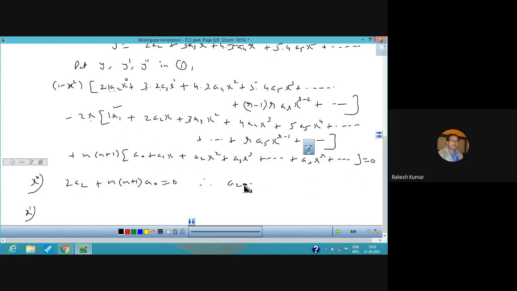So from here you can find out the value of a2, that is minus n into n plus 1 over 2 into a naught. This is your coefficient.